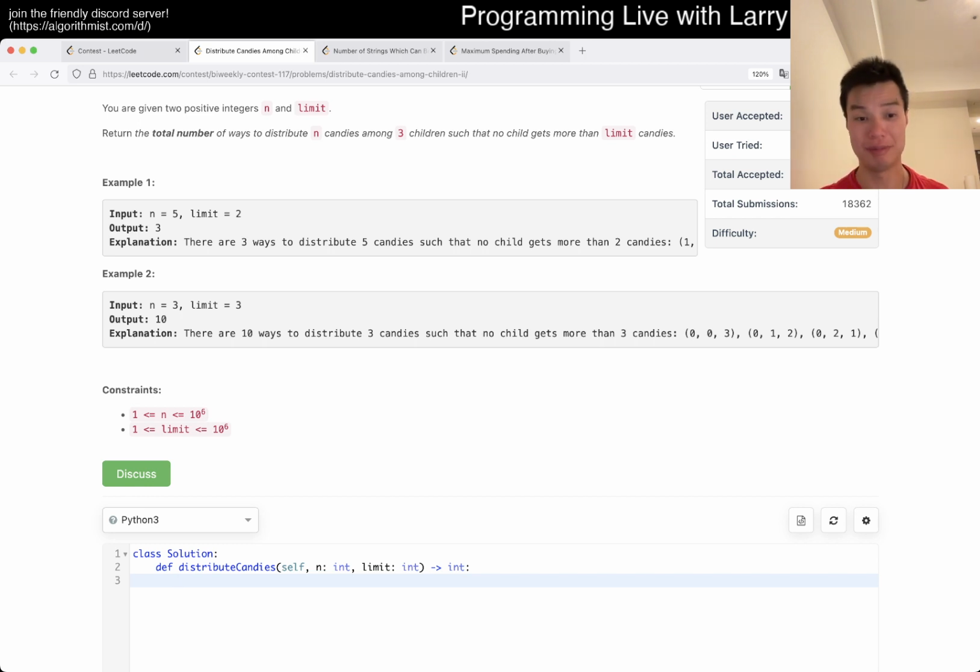What does that mean? Oh, so A plus B plus C. Man, I feel like I'm missing something on this one. A plus B plus C is equal to n. Can I do the reverse, count the number of times?